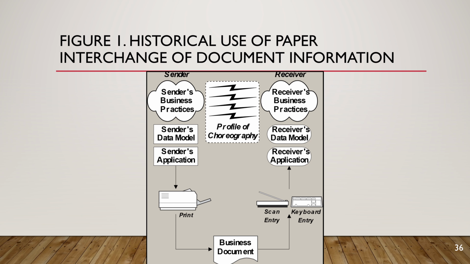The sender's data model went into the sender's application on the left. It was printed out in the sender's format, sent as a business document where it was scanned and transcribed into the receiver's application and the receiver's data model. And so this is what we're trying to fix. This is really the core problem we're trying to fix with InterCredentials.